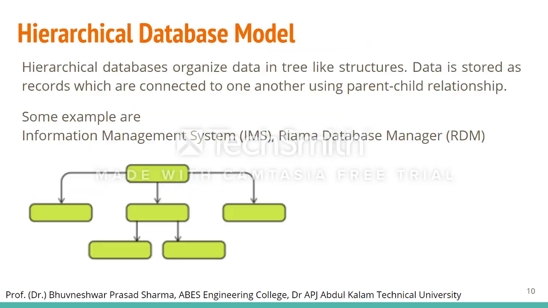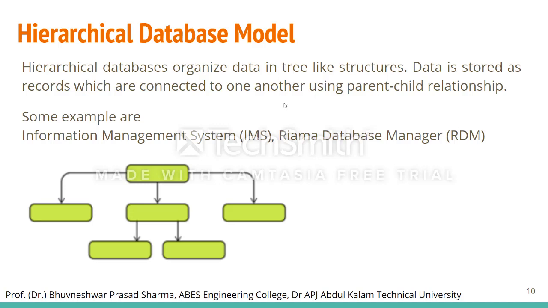The first one is the hierarchical database model. The hierarchical database model organizes the data in tree-like structures, which you can think of as your family structure. Data is stored as records which are connected to one another using parent-child relationships. Examples are the Information Management System from IBM and the RIM database manager, RDM.